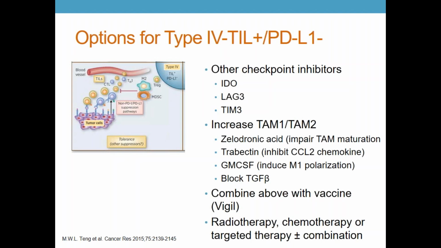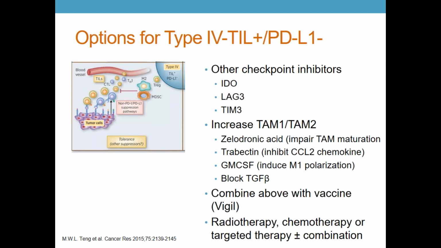Zoledronic acid can impair TAM maturation and enhance T1. Trabectedin, which is a chemotherapy agent, can inhibit a chemokine which attracts type 2s. GM-CSF, which is a component of our Vigil, induces tumor-associated macrophage 1 polarization, and blocking TGF-beta, which Vigil does, actually increases the percentage of surrounding TAM1s over TAM2s.